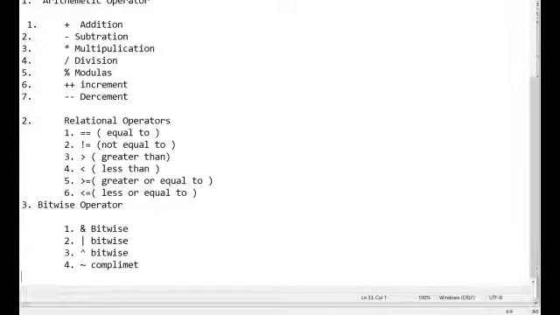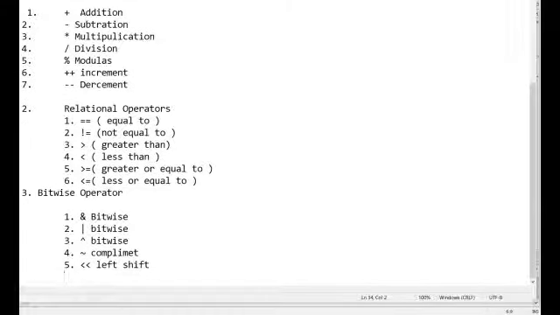And fifth one, we call this as left shift. Sixth one, we call this as right shift.